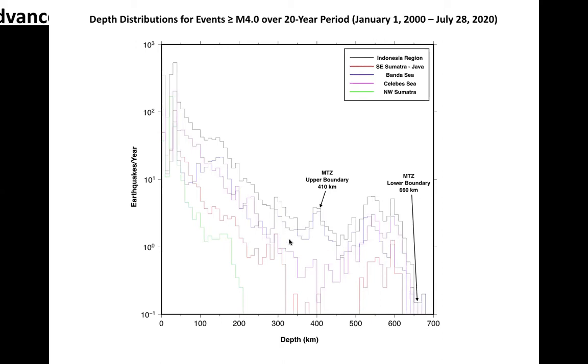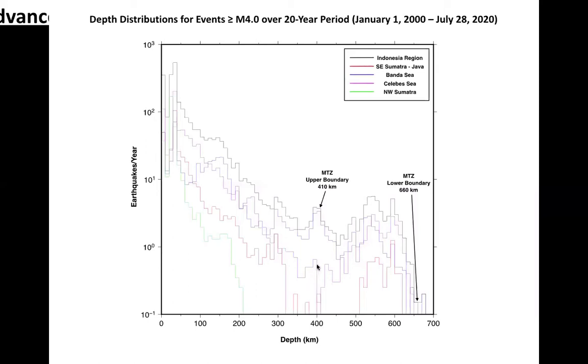But what we can also see here is that intermediate and deep earthquakes are not evenly distributed throughout the region. For example, this green curve here, which represents northwestern Sumatra, deep earthquakes no longer occur deeper than about 220, 230 kilometers. And then here in the red curve, which represents southeastern Sumatra and Java, there's a seismic gap between about 350 and 510 kilometers.